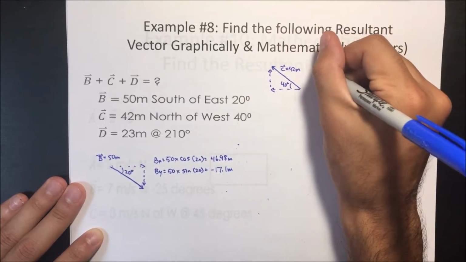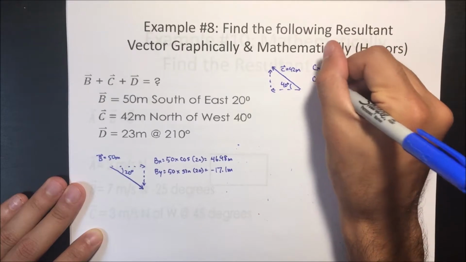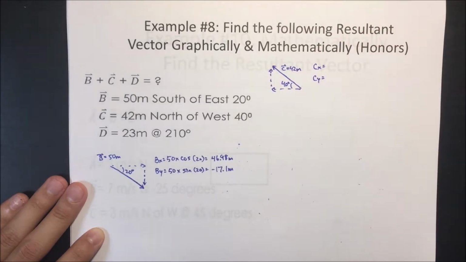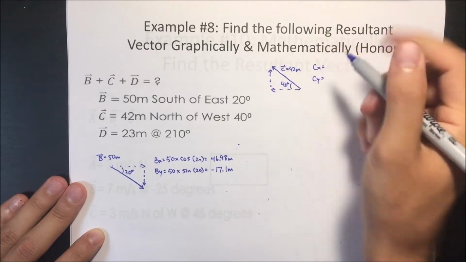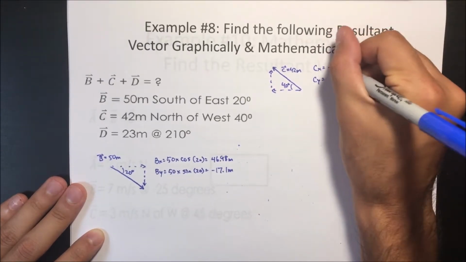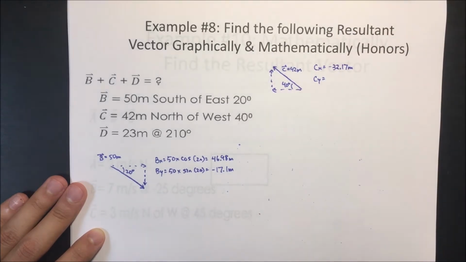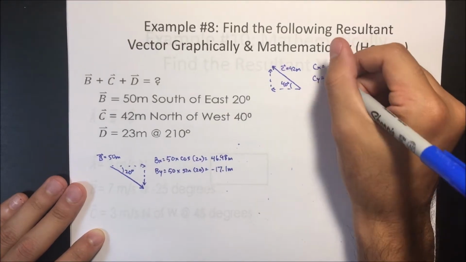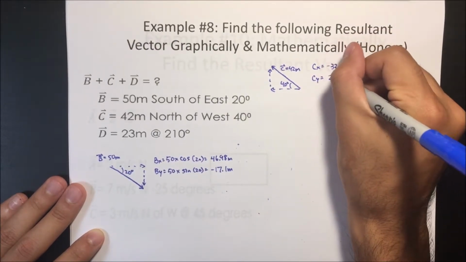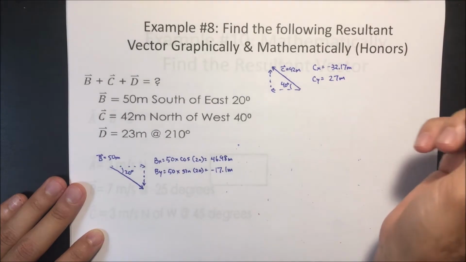We want to find how much it is in the x direction and the y direction. 42 times cosine of 40 gives 32.17. However, this is going to the left, so it's negative 32.17 meters. Now 42 times sine of 40 gives 27 meters, and that's going up, so it's positive.